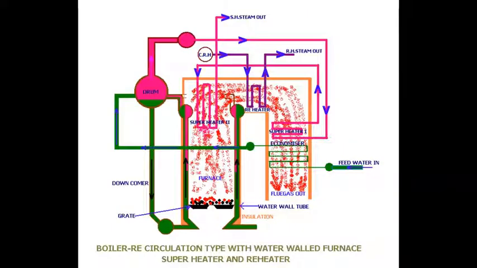Residual energy is not available due to incomplete combustion. So there was a concept of pulverizing the fuel and making it available within the furnace just like a gas. It was introduced, and the pulverized fuel fired system gradually developed.